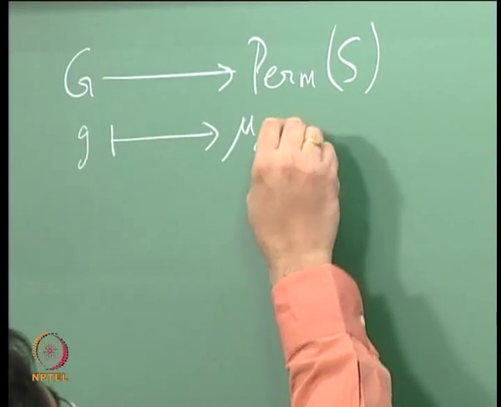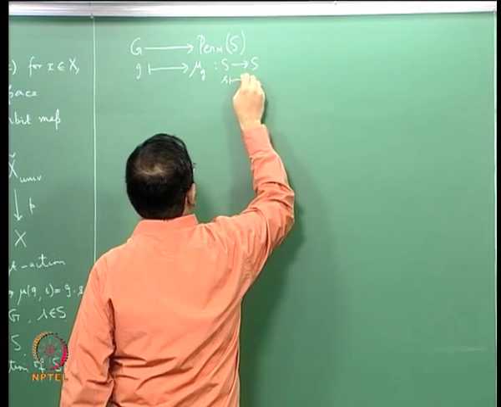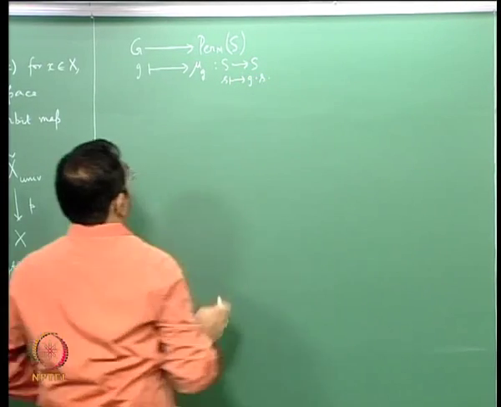Mu sub G is the map from S to S which simply takes S to G dot S.